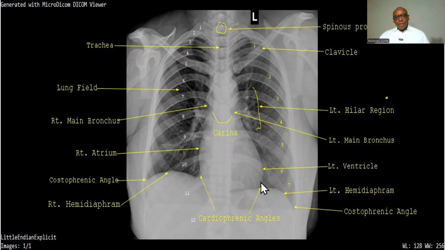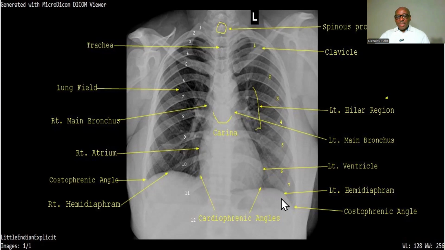There are other things that we can talk about in this chest radiograph, which are the cardiophrenic angles, the right and the left. This is where the heart and the diaphragm meet.